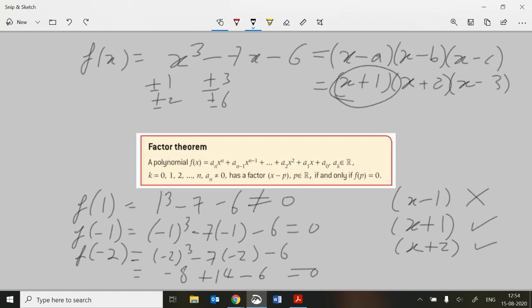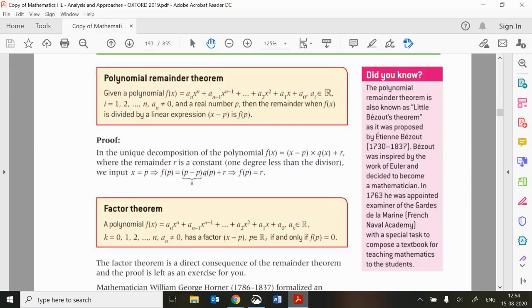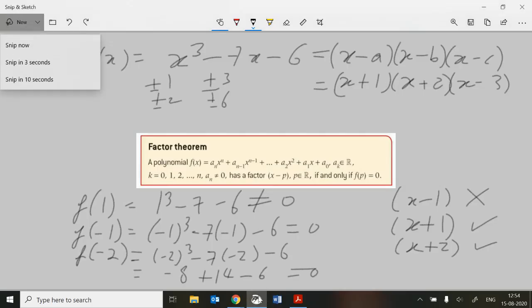If you get a 0, then it is a factor. But this method can be an alternative way of finding factors for polynomials rather than doing the division of polynomials.